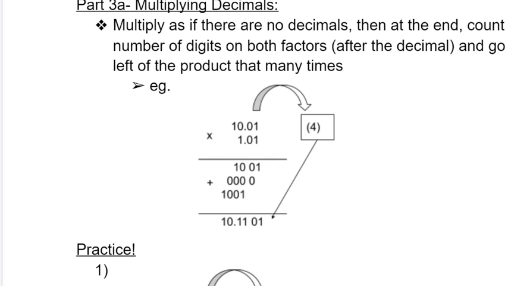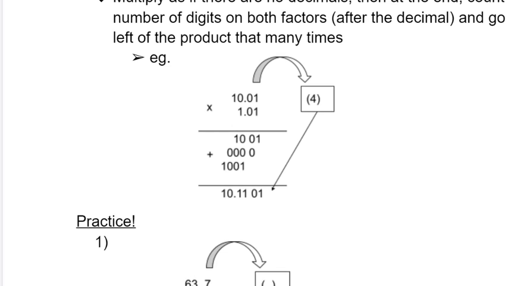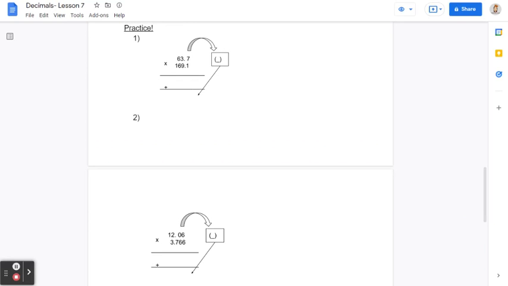So we're going to go back to our final answer, and we're going to go 4 spaces to the left. So in that case, we would get a final answer of 10 and 1,101 10,000ths. And here are some practice questions for you, and I'll put the final answers in the description box.